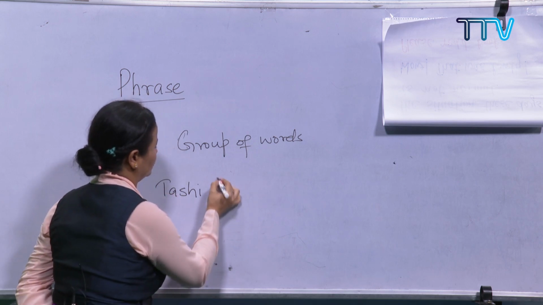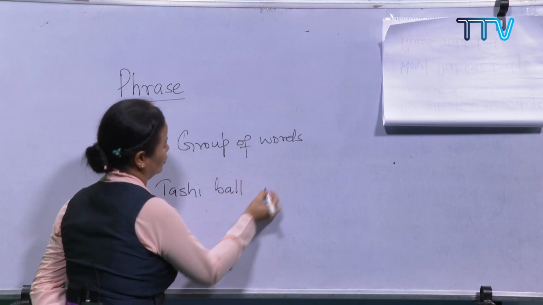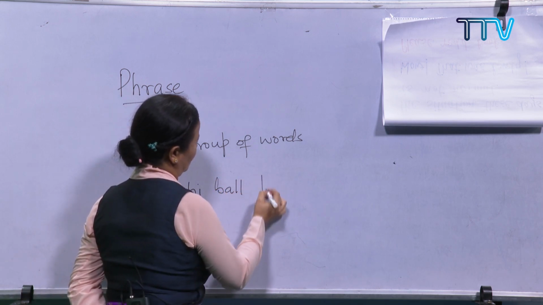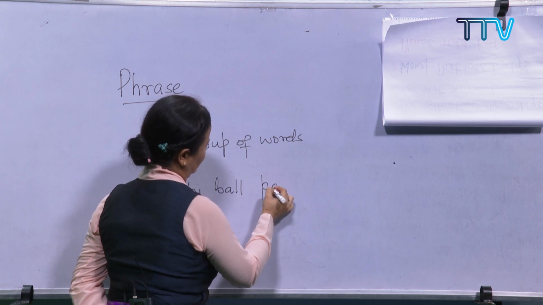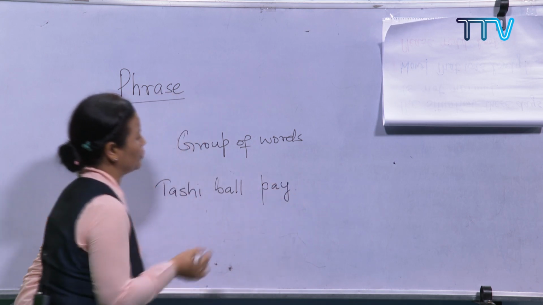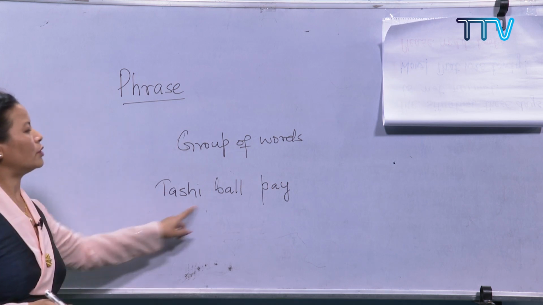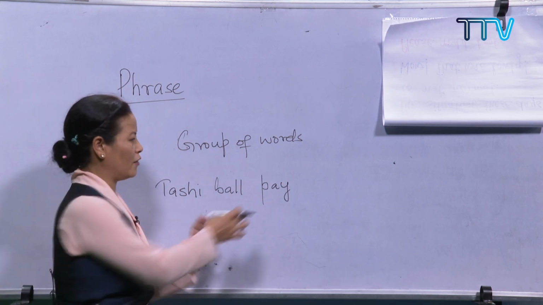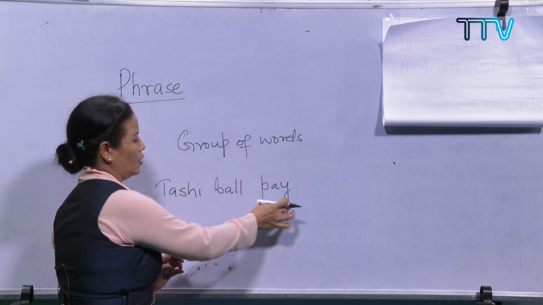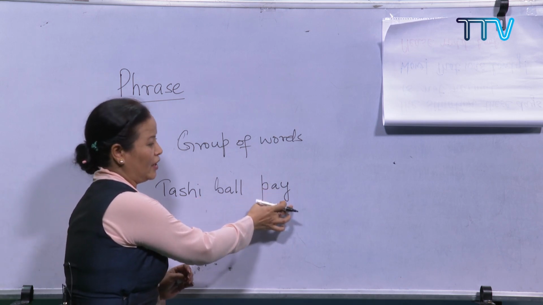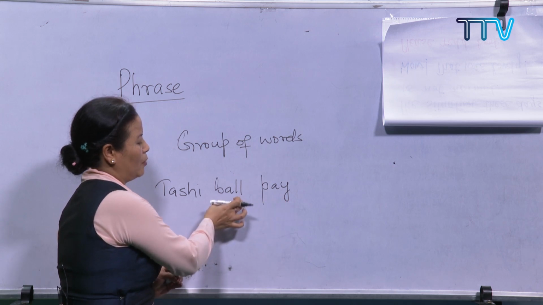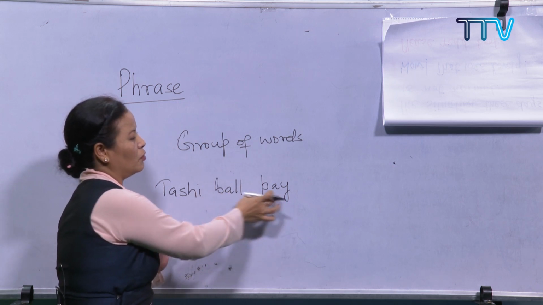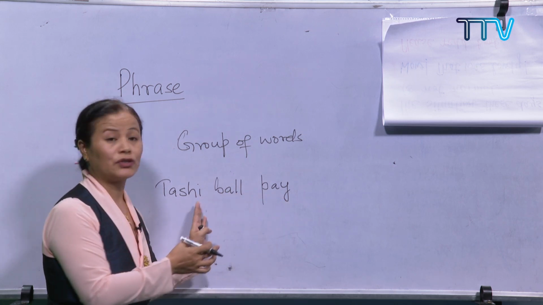Tashi, ball, pay. Do you think this is a group of words? Tashi, ball, pay. I have written pay, P-A-Y, not play. Ball, Tashi. Tashi, ball, pay. So this is a group of words, right?